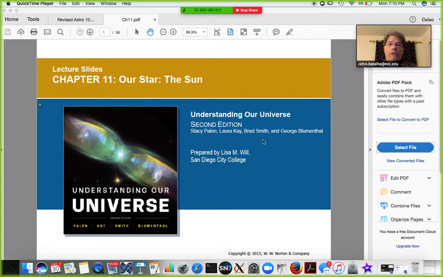So if you double the distance from a sound source or from the source of light, the intensity will fall by 2 squared, so by a factor of 4.